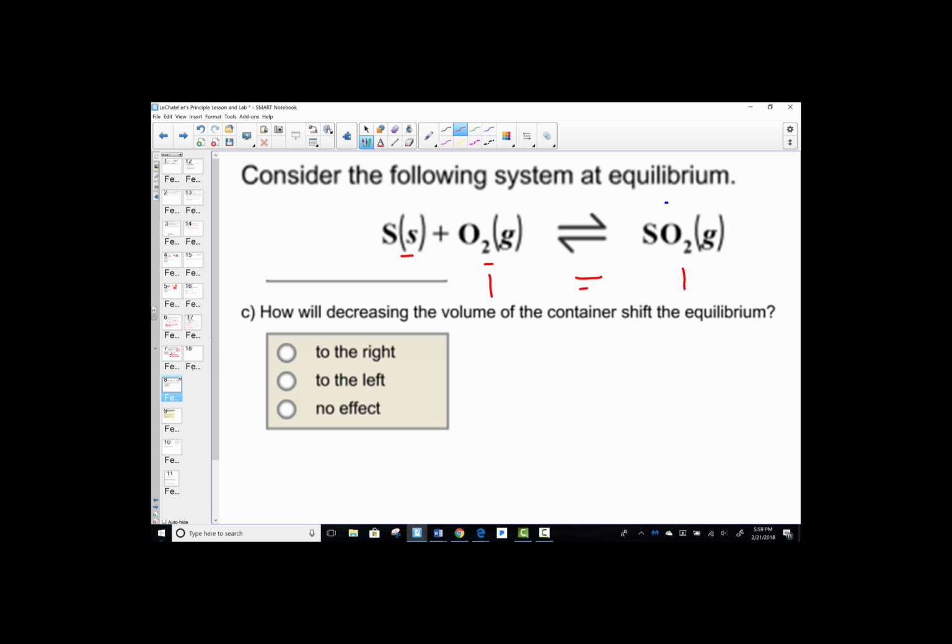Because they are the same on both sides, changing the size of the container will not shift the equilibrium either way. Decreasing volume will increase the pressure, but there's the same number of molecules on both sides. So here's a special case: when there are the same number of gaseous moles, changing the size of the container does not shift the equilibrium.